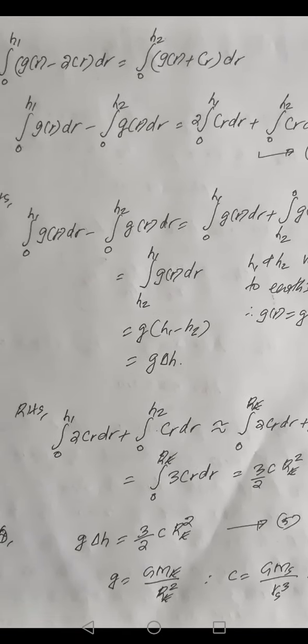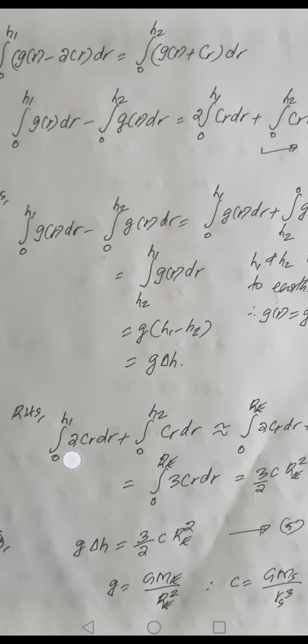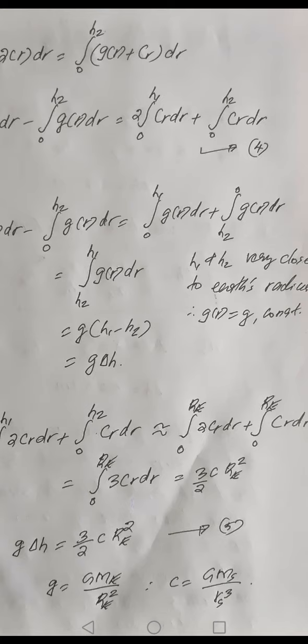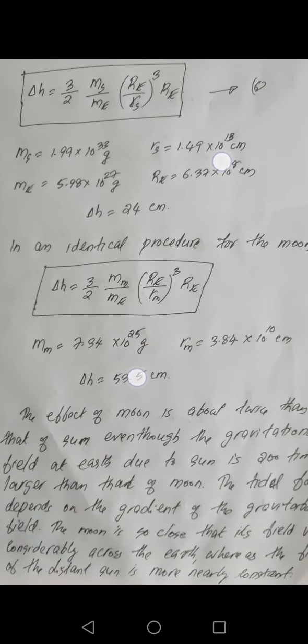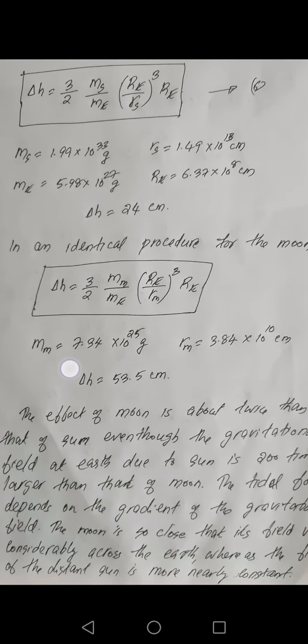Okay, so I can substitute the values. Left hand side g into delta h, and 3 by 2 c into r square is the right hand side, where g is the acceleration due to gravity on earth, that is G Me by r square, and c is G Ms by rs cube. Substituting this, I get delta h is 3 by 2 Ms by Me into re by rs all cube into re.